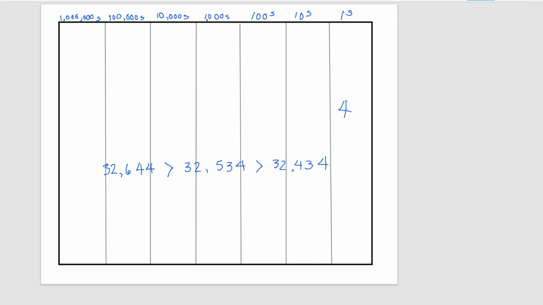Now in this problem, we're going to look at numbers written in different forms, which is what we learned in the last lesson we did. So we're going to write one number in expanded form, and the second number in standard form.